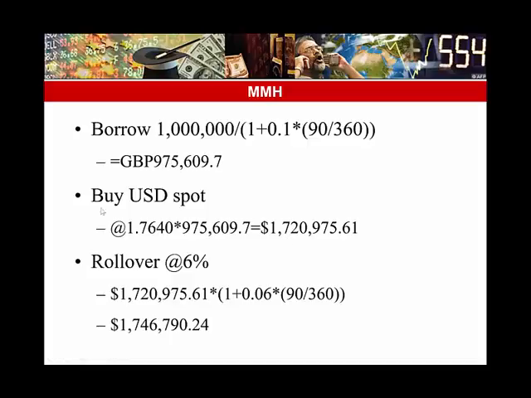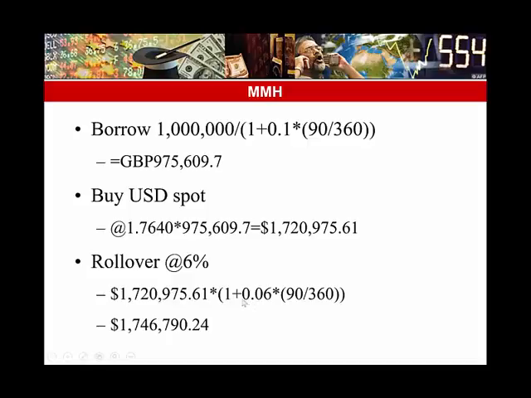And if we roll this over at 6%, this is the interest rate that we would be able to earn when we invest dollars. So 1,720,975 invested for 90 days at a 6% annual rate. Roughly, we're going to earn 1.5% interest. That corresponds to 1,746,790.